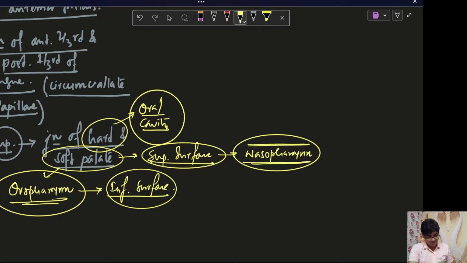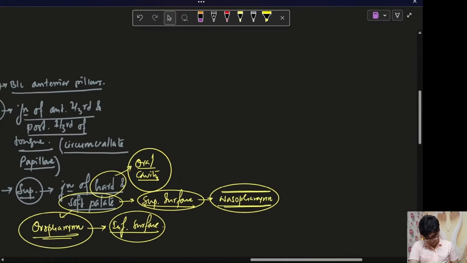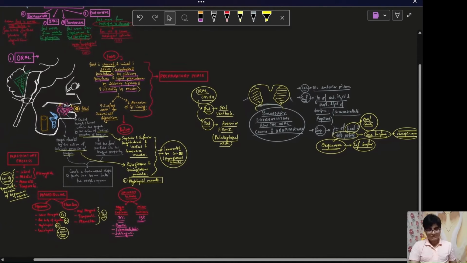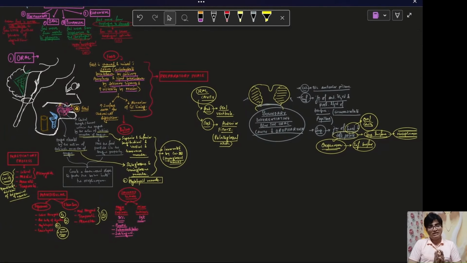Please note it. Correct? So this is about the point of oral phase which you need to know in detail.